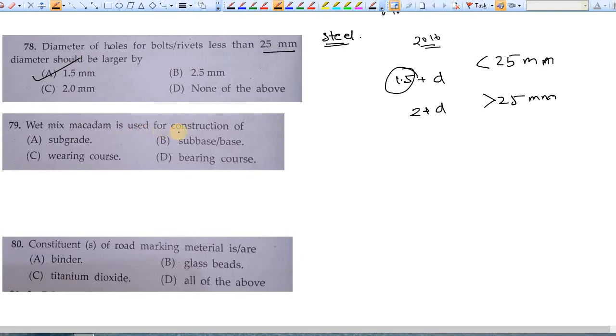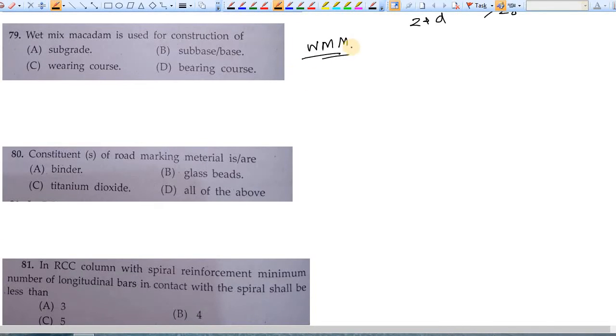Wet mix macadam is used for construction. Well, what is WMM? I think you have heard of WBM. Both of them are used as sub base, and I'm saying this just for your interview purpose, they may ask what is the difference between WMM and WBM.